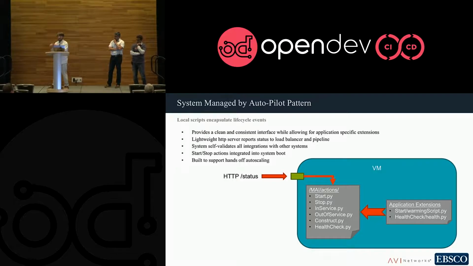So if you have to do anything special for an application, like pre-warming it or a special kind of health check, those are included in local scripts in the application. And the contract outside to everything else are these standard lifecycle events like start, stop, in service, out of service. And that makes it very easy to do things like auto scaling and have kind of hands-off provisioning of systems.